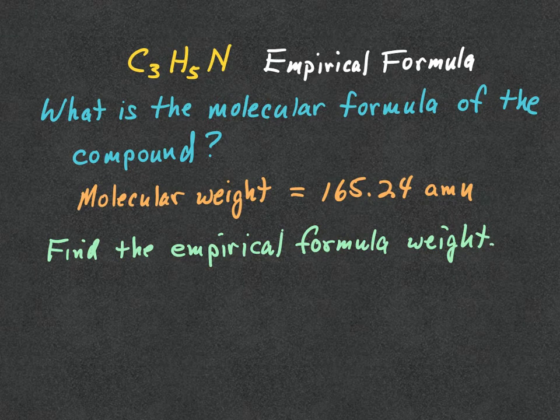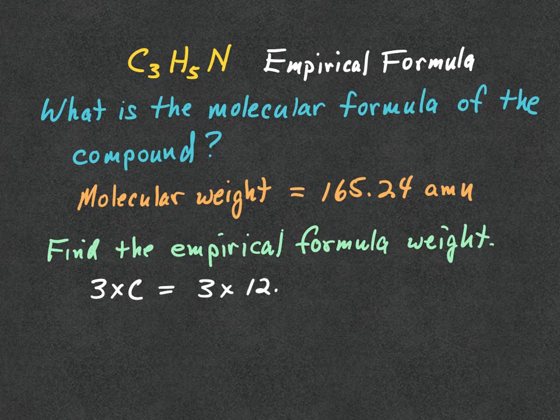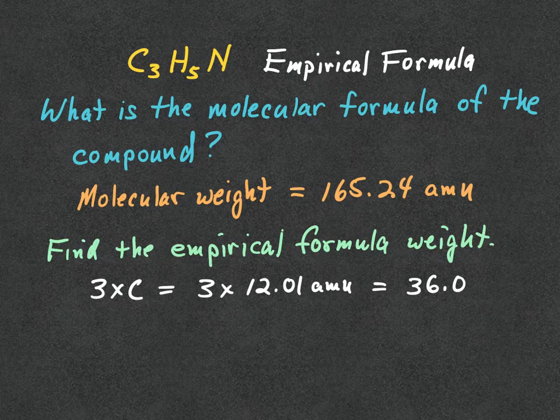So we take our formula, and we have 3 carbons. That would be 3 times 12.01 atomic mass units per carbon, which would give us 36.03 atomic mass units.